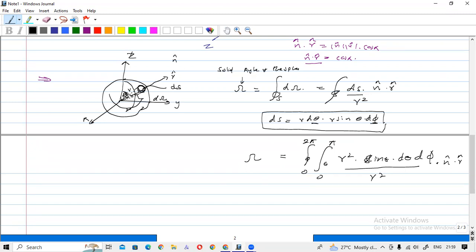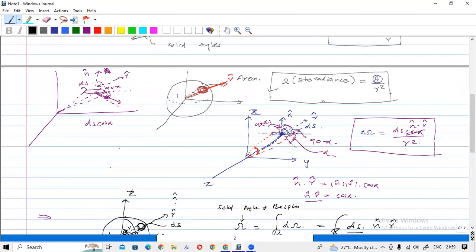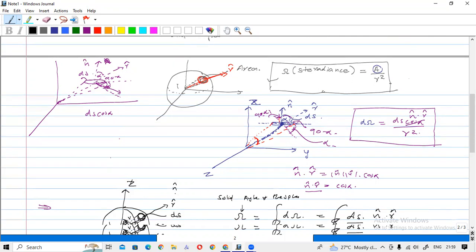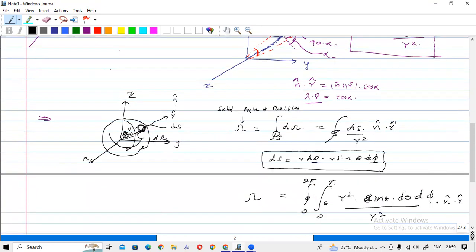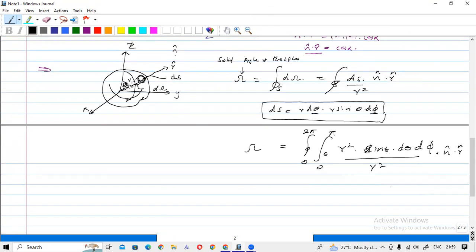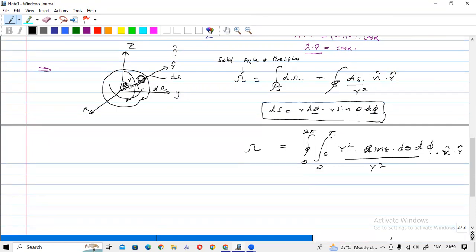So in this case n hat and r hat are equal. In the earlier case, n hat and r hat had alpha separation, but in this case, because r hat is also perpendicular to the selected surface, n hat and r hat are identical. So the n hat can be replaced by r hat.